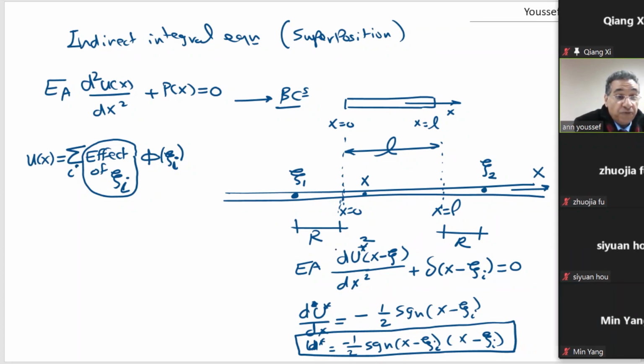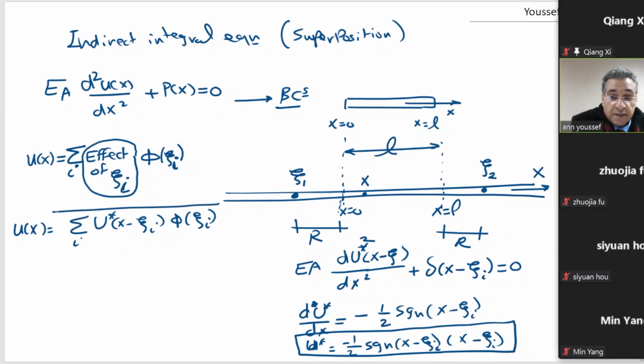It is a solution of the infinite beam without any boundary conditions, because I didn't put any constants here. When I integrate twice, the solution of the infinite beam is what we call the fundamental solution. So I can write u of x equal to the sum over i of u star of x minus xi i times phi of xi i.